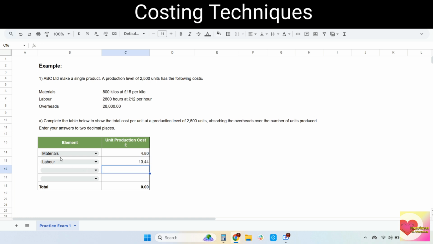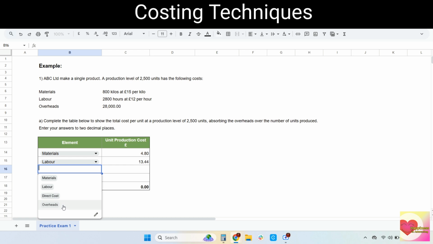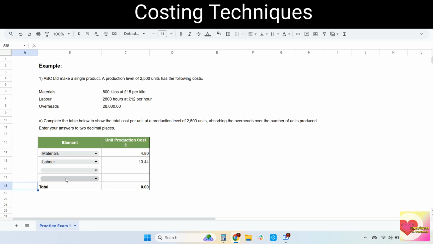Next, the only remaining cost here is the overheads. But if you look at the table, we have 2 remaining rows. If we take a look at the options, we have 4 options. So it means we have to enter all of them into the 4 rows that we have here in this table.